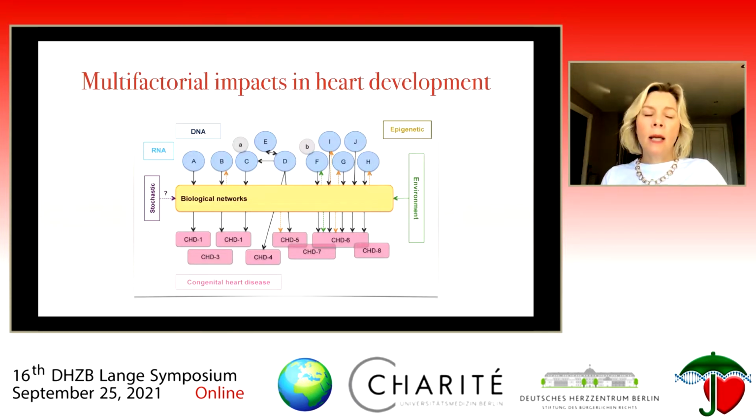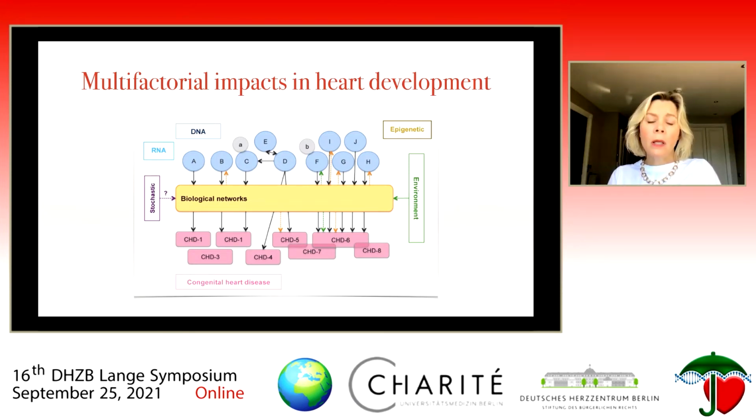Combining, I think, every different impact on what can happen to the heart eventually leads to the portfolio of congenital heart diseases. So the pink CHDs below should just discriminate or show different types of cases where you have one genetic hit, like in A, heart disease, and there are very complex cases.